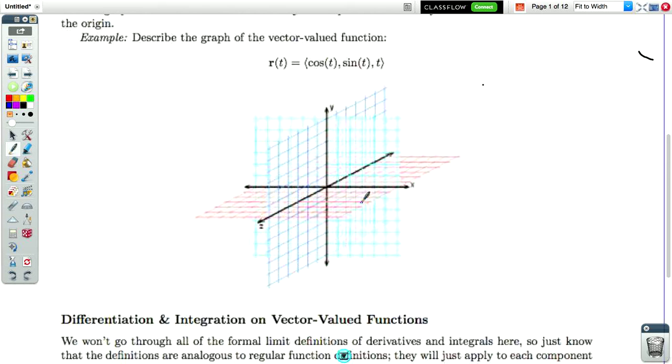So if I'm taking my right hand and I put my pointer finger in the direction of the x axis, my pointer finger is going to go this direction. Now I have to turn my hand a little bit to make my middle finger point up in the direction of the y axis here.